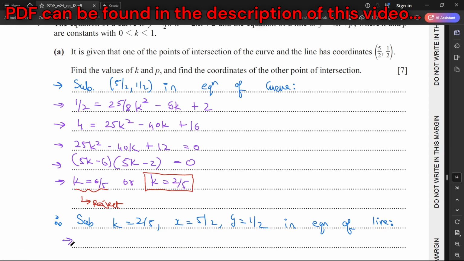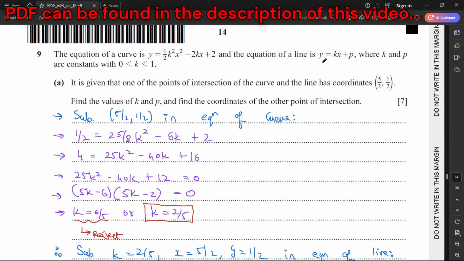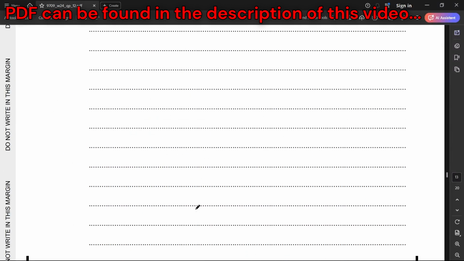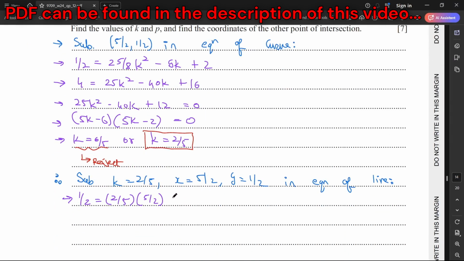So it's going to become y is equals to, so half is equals to, k was 2 by 5, x is 5 by 2, and then we are having plus p. So this is half is equals to 1 plus p. Therefore, the value of p comes out to be minus half.